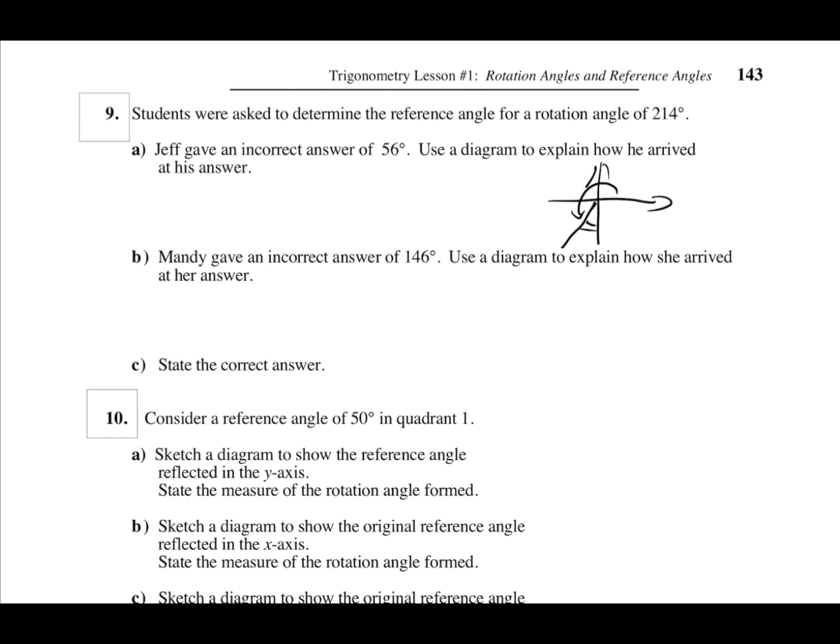So it's kind of like using the terminal arm between the y-axis. And Mandy gave the incorrect answer of 1/6. So for this part, same, this is the rotation, and then here, use 360 minus 214, and the correct one is minus 180 equals 34.